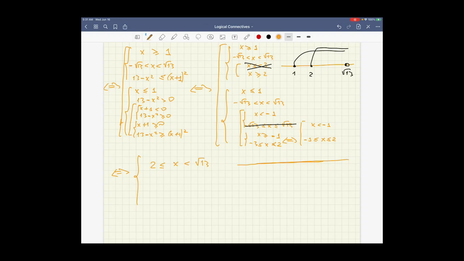Either that or that, right? Well, when you unite them, that simply means that x is less or equal than 2.